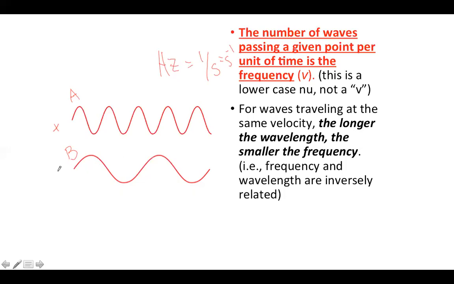However, if we look at the frequency of both, hopefully you can visualize that more waves of A can pass through this point each second than B. What that tells us is that frequency and wavelength are inversely related. The larger the frequency, the smaller the wavelength, and vice versa. The variable we use to represent frequency looks like a V, but it's actually a lowercase nu.